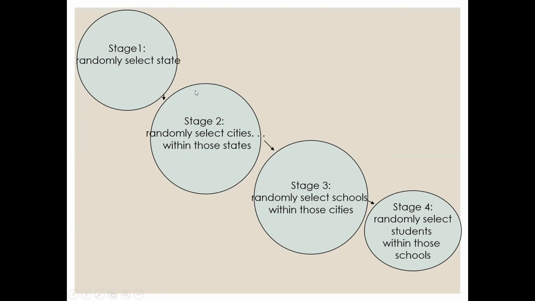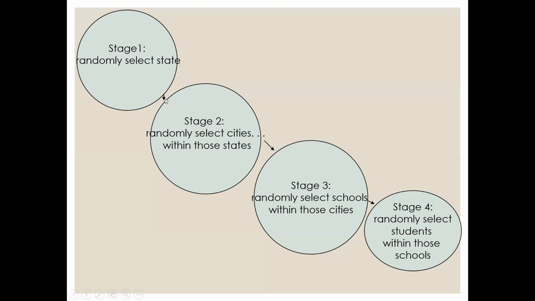The problem is every time you see this arrow, there's a point for error. I can make a mistake. Maybe I forgot to put a state, or maybe I didn't list all the cities, or maybe I forgot a charter school or some school, and then maybe I didn't check the updated roster of attendance for students.